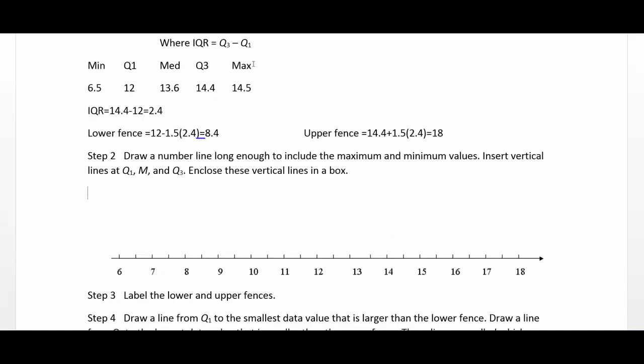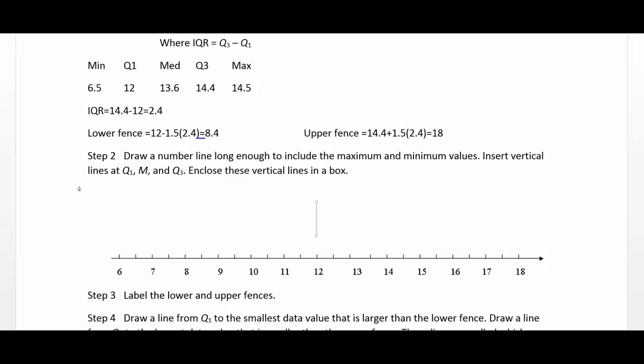Okay, so we're going to then create a number line that's long enough, or has numbers relevant enough, to include the five-number summary, and then we're going to label this with some sort of picture, which will build along the way. So we're going to start by inserting vertical lines at Q1, the median, and Q3. So let me do that here. Q1 being 12, so where 12 is, we're just going to put a vertical line.